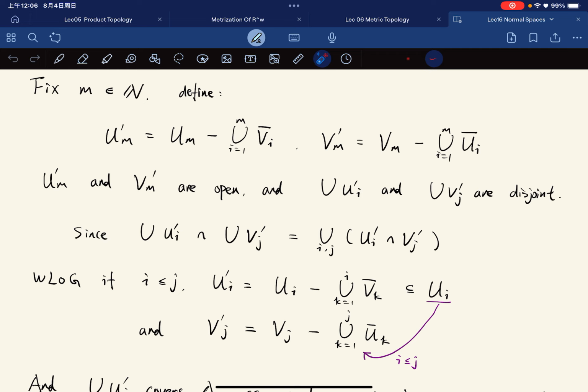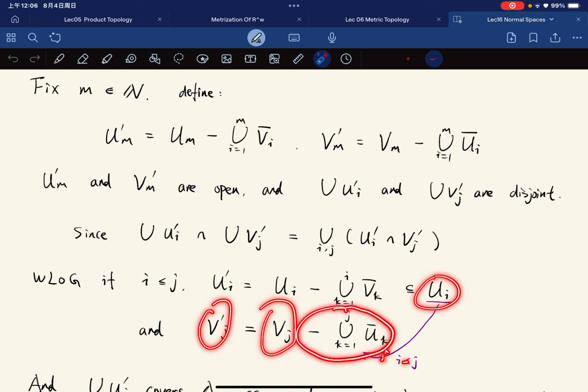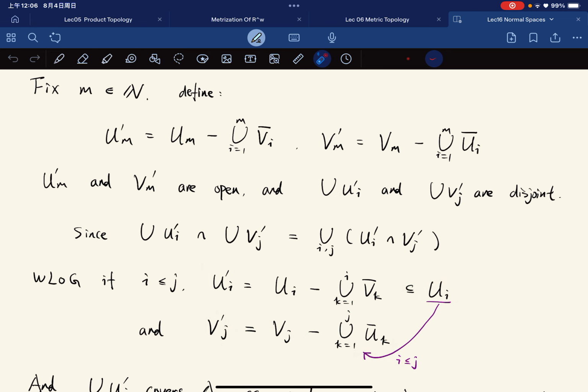But Ui prime is contained in Ui, and since i is less than or equal to j, Ui is contained in this union. So V prime j is Vj subtract those things, and Ui prime is contained in Ui. So obviously they are disjoint for any i and any j. That's why I said without loss of generality, if i is less than or equal to j, Ui prime and Vj prime are disjoint.